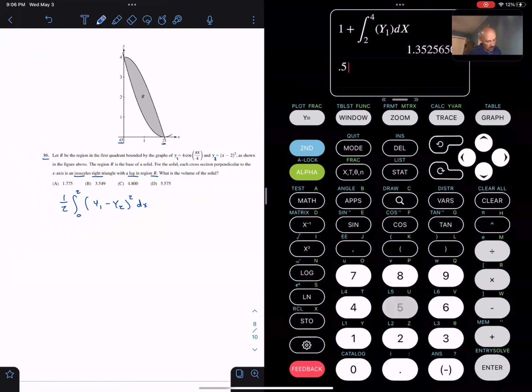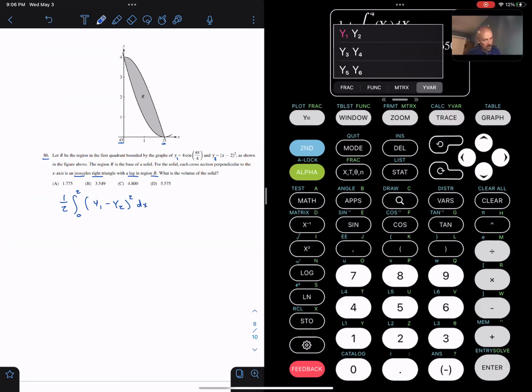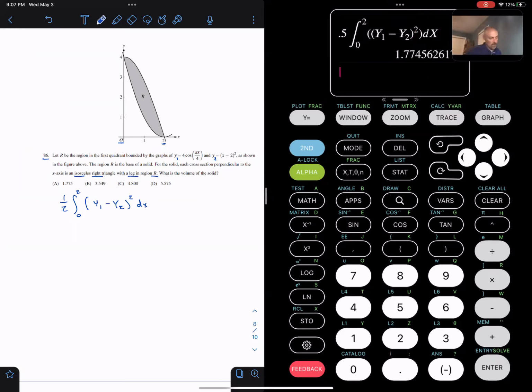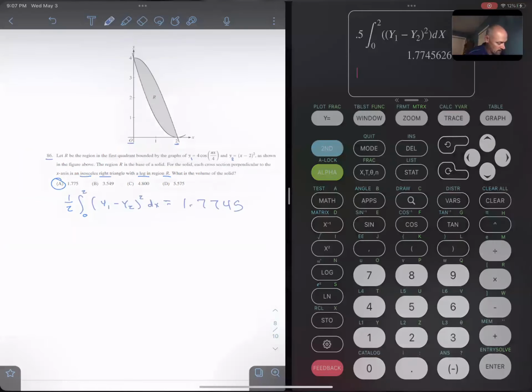So that's 0.5 times the definite integral from 0 to 2 of the quantity y1 minus y2 quantity squared dx. Please be an answer choice. Please be an answer choice. And it is 1.7745. Sweet.